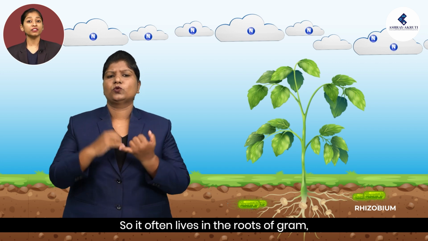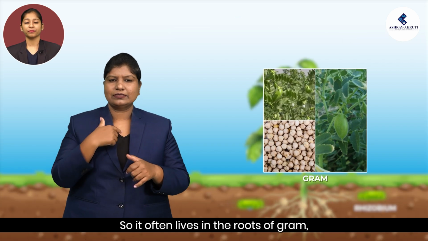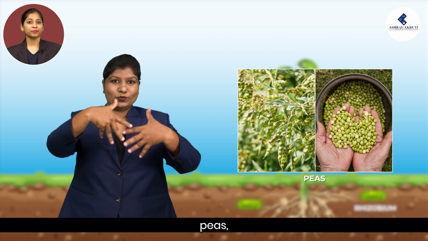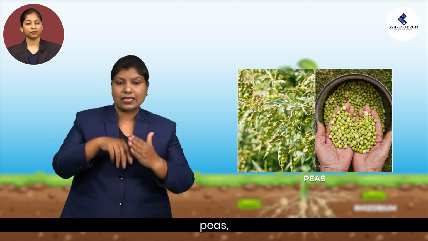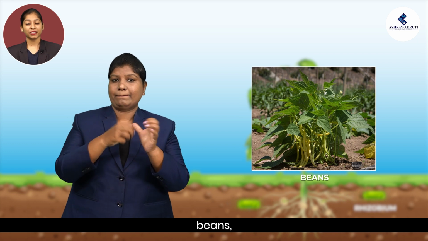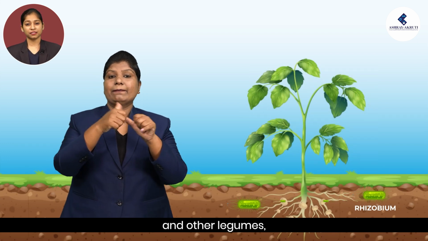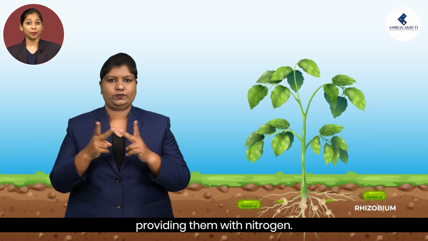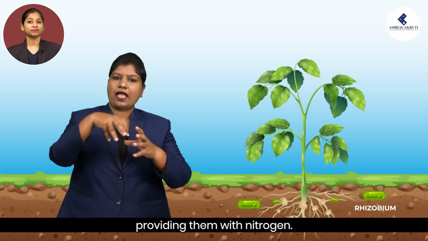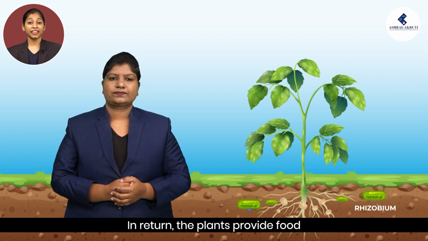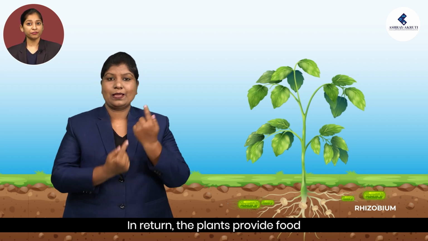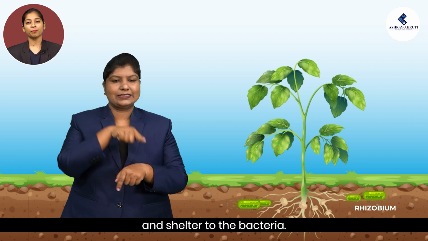So, it often lives in the roots of gram, peas, moong, beans, and other legumes, providing them with nitrogen. In return, the plants provide food and shelter to the bacteria.